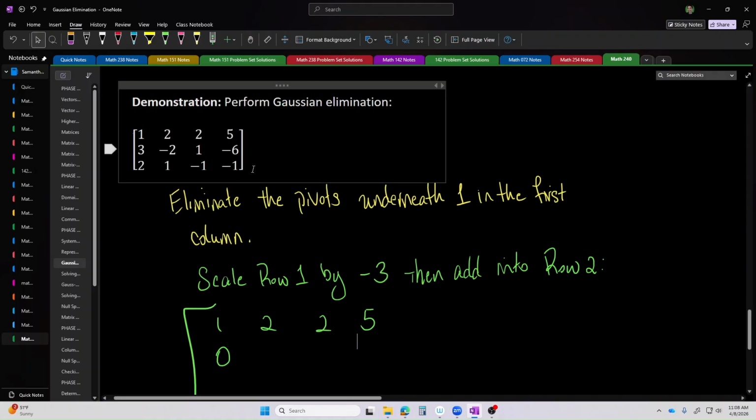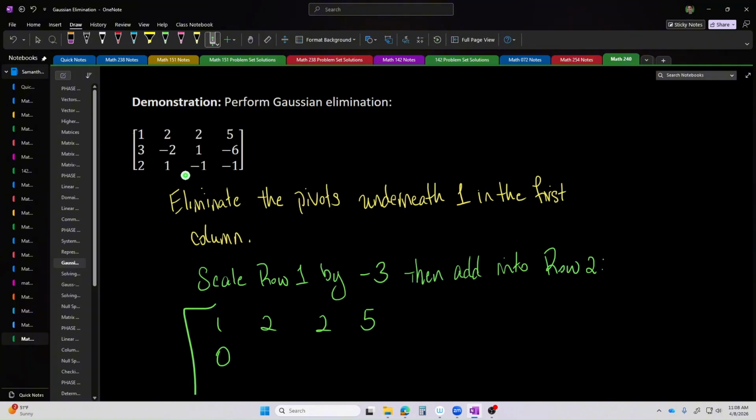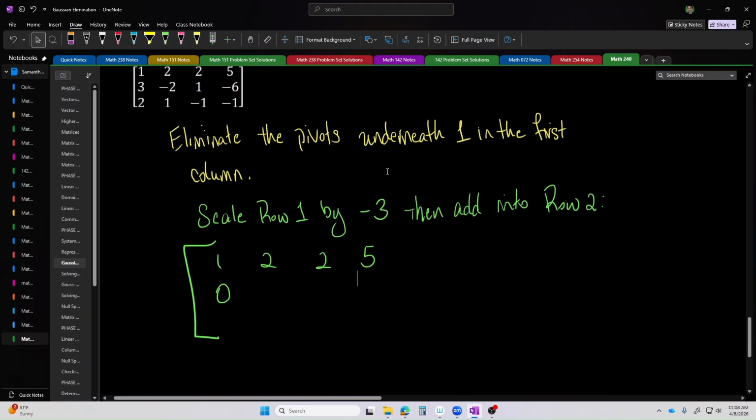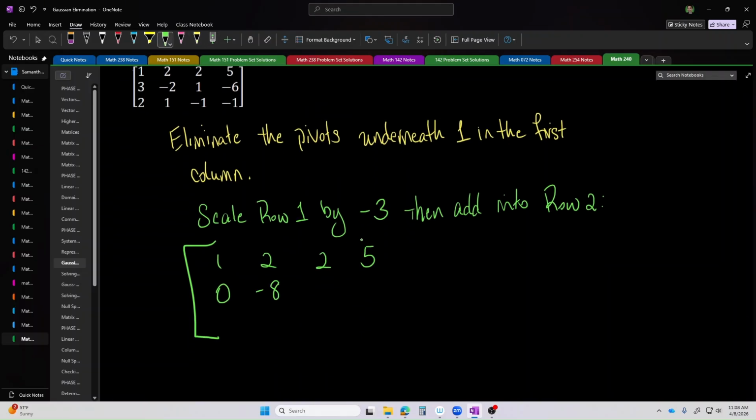I'm now going to perform exactly the same action on this second entry. I'm going to go ahead and take this number 2. I'm going to multiply 2 by negative 3. 2 times negative 3 gives me minus 6. And then I'm going to do minus 6 added to minus 2 directly underneath that entry. And that's going to give me a value of minus 8.